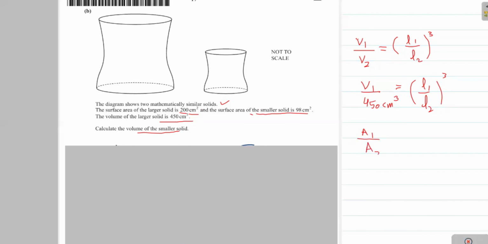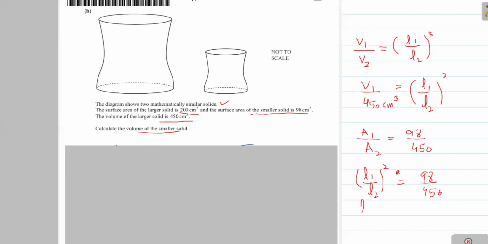We will write A1 over A2. The smaller solid area is 98 and the larger solid area is 450. Therefore, we can write A1 over A2 equal to 98 over 450. A1 over A2 is also L1 over L2 whole squared. Therefore, this value is equal to 98 over 450.